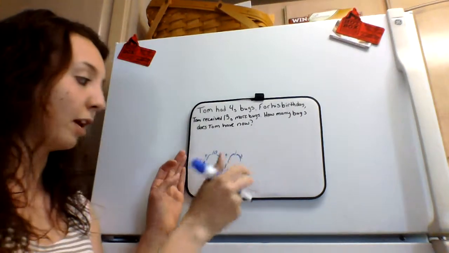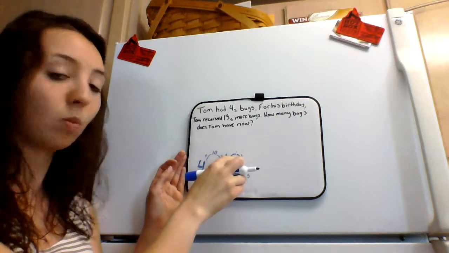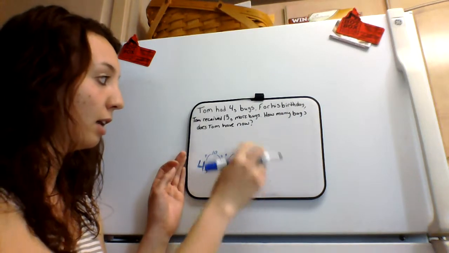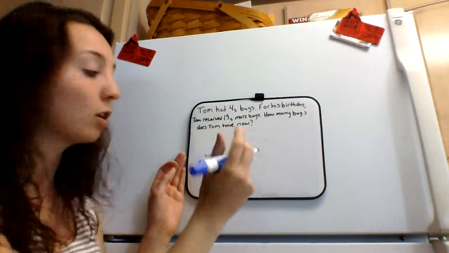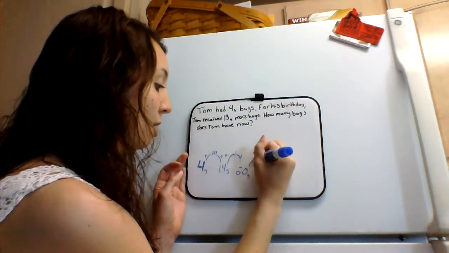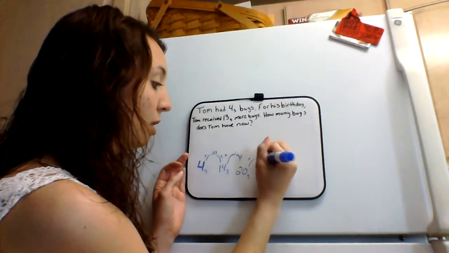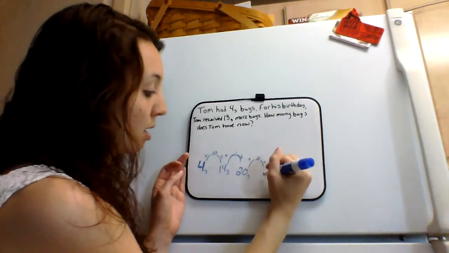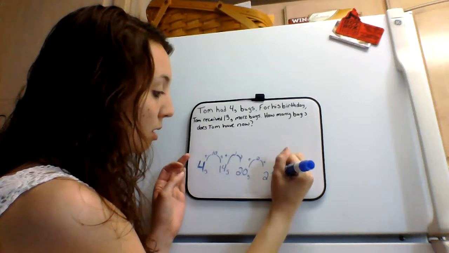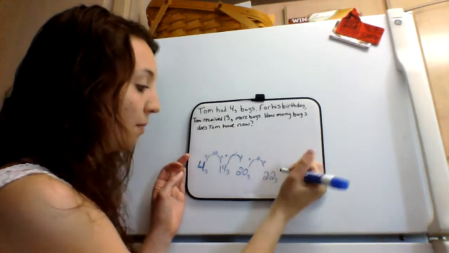So now I've added 1 long 1, and then since I'm adding 1 long 3 altogether, I have 2 more units that I need to add. So I'm just going to go ahead and add those 2 units. And then my final answer is 2 long 2 base 5.